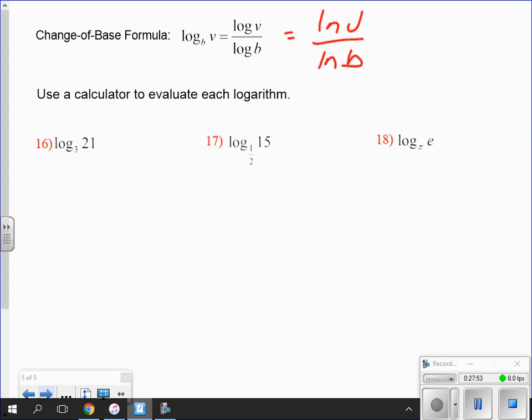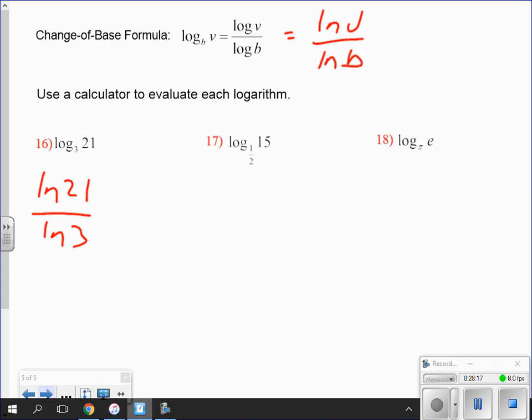Now, these are all really easy. Log base 3 of 21 is the natural log of 21 divided by the natural log of 3, which is not the natural log of 7. It is not the natural log of 7. It's the natural log of 21 divided by the natural log of 3.